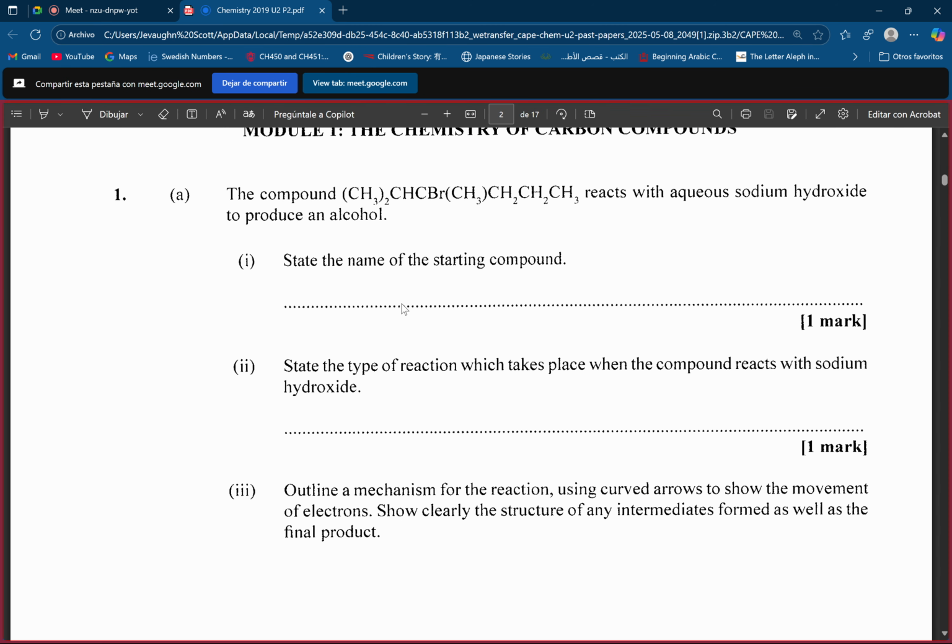What would be the name of this carbon compound? Oh, it's not a carbon compound, my bad. This organic compound. Any suggestions at all? You can't name it?